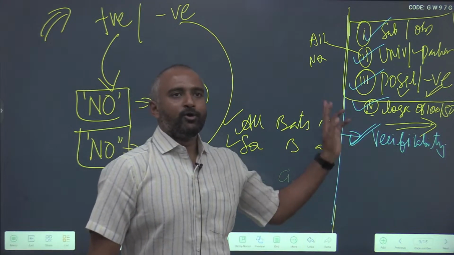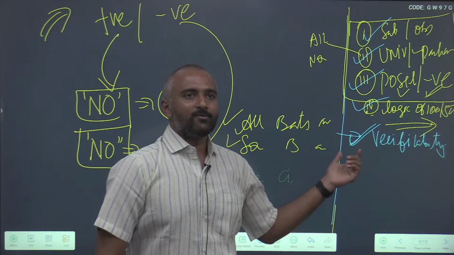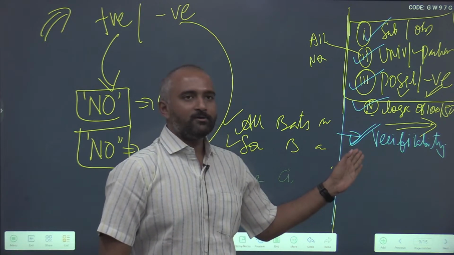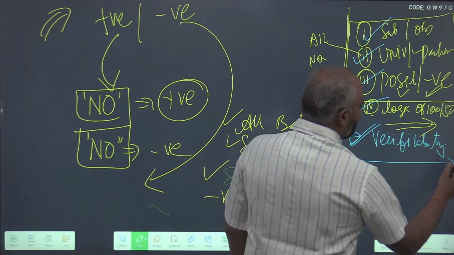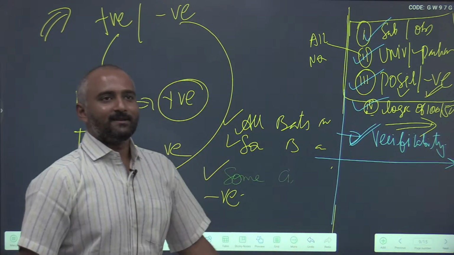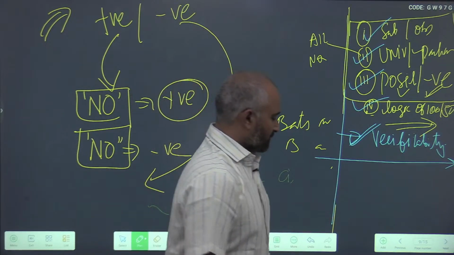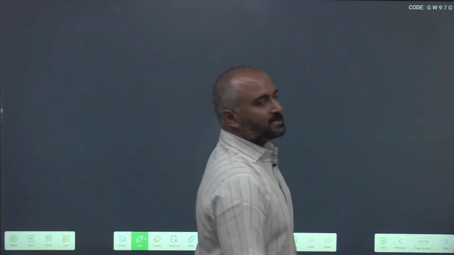I hope there are no doubts till now. If you have any doubts, kindly stop me now and I will explain that part again. If you are done, syllogism is done. It is this simple. Now we will practice using some examples.